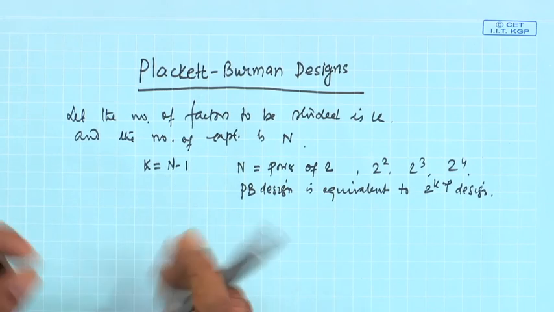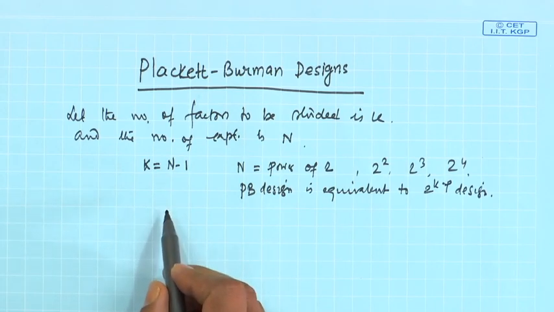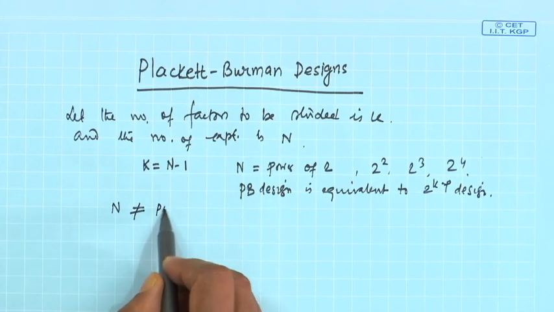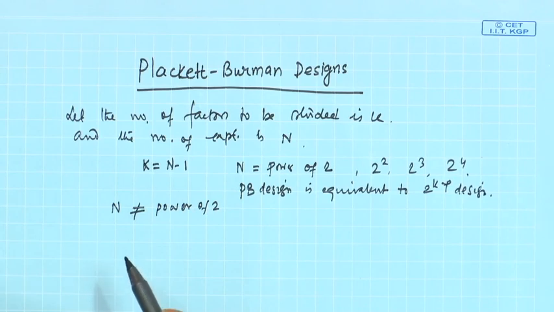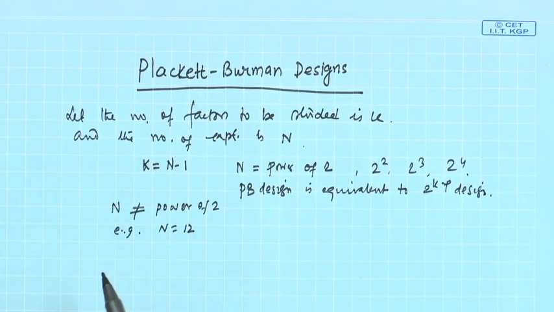But there are some cases when n will not be a power of 2. For example, if n equal to 12, this is not a power of 2.